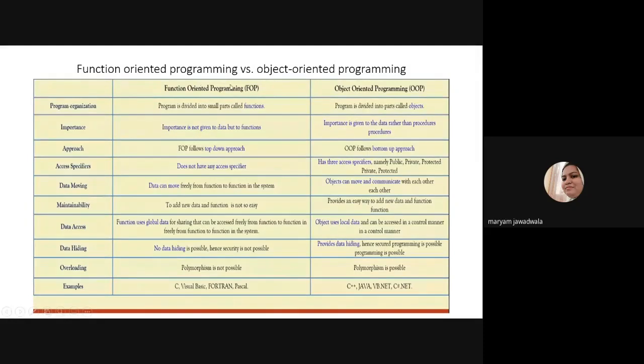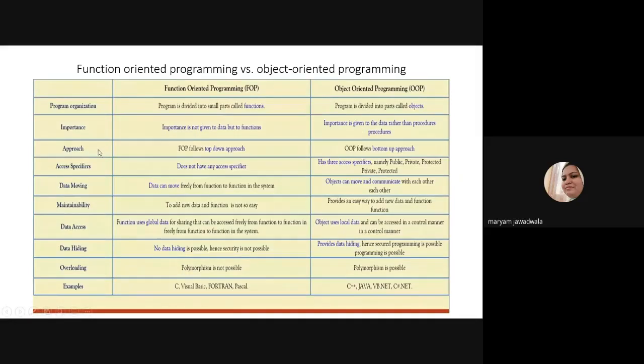In function oriented programming like C, the importance is given to the function, right? But in object oriented programming, importance is given to the data instead of the function. This is the major difference.